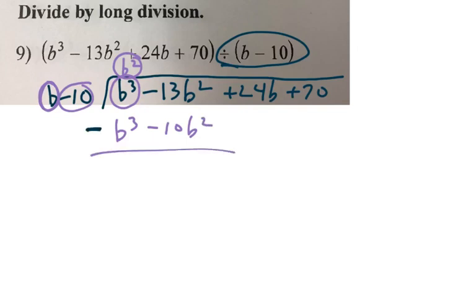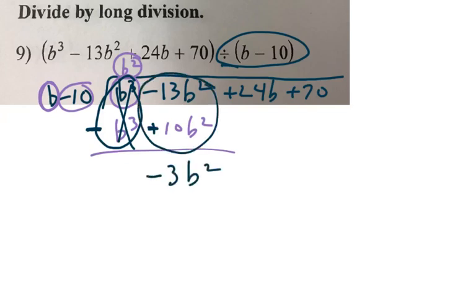I need to subtract. When I do, by distributive property, this minus right here becomes a plus, right? And what we want to happen, notice right here, b cubed minus b cubed is 0. And what's left here is negative 3b squared, right?